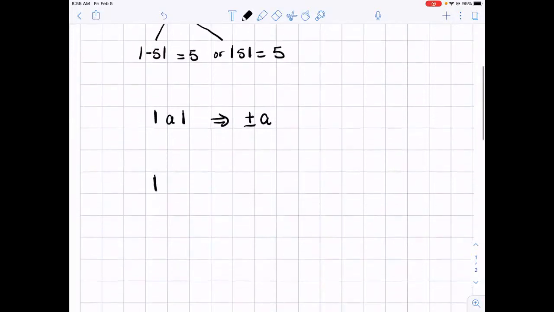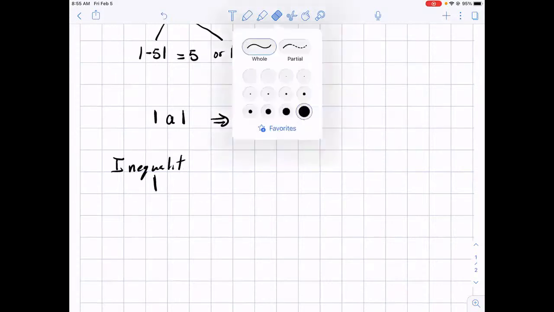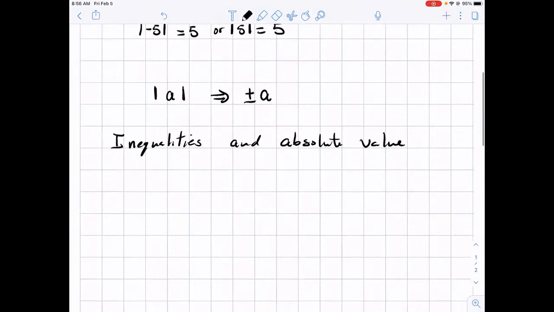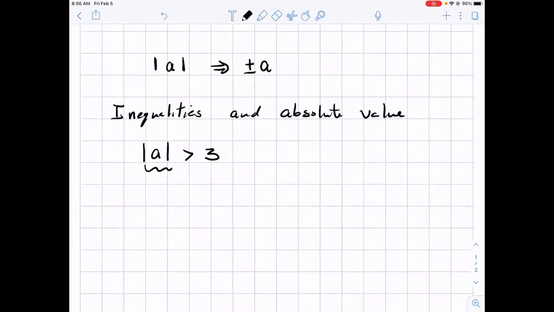If we look at inequalities and absolute value, if we have the absolute value of A is greater than 3, be very careful what's happening, because this means plus or minus A.